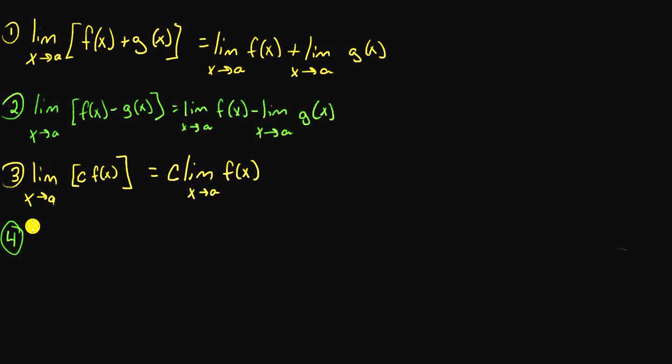Let's look at the next one. Let's look at what happens if we take the limit of two functions multiplied together. Say we multiply f of x and g of x together. Nothing crazy here.